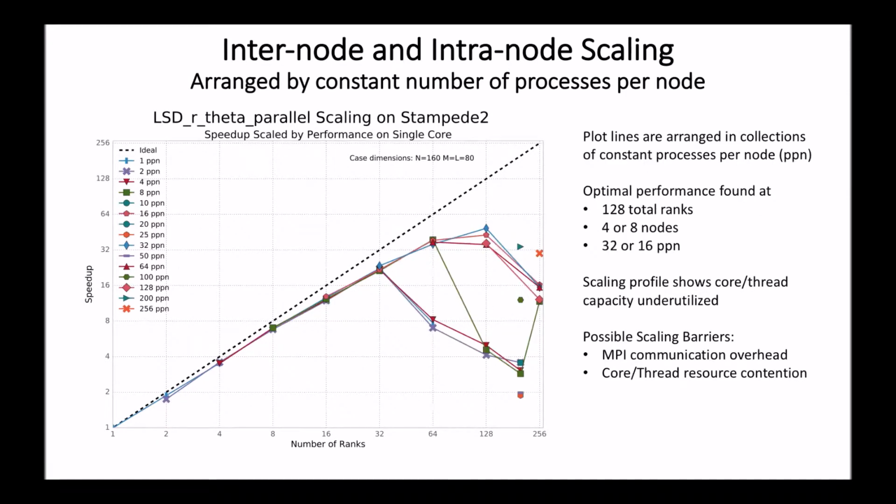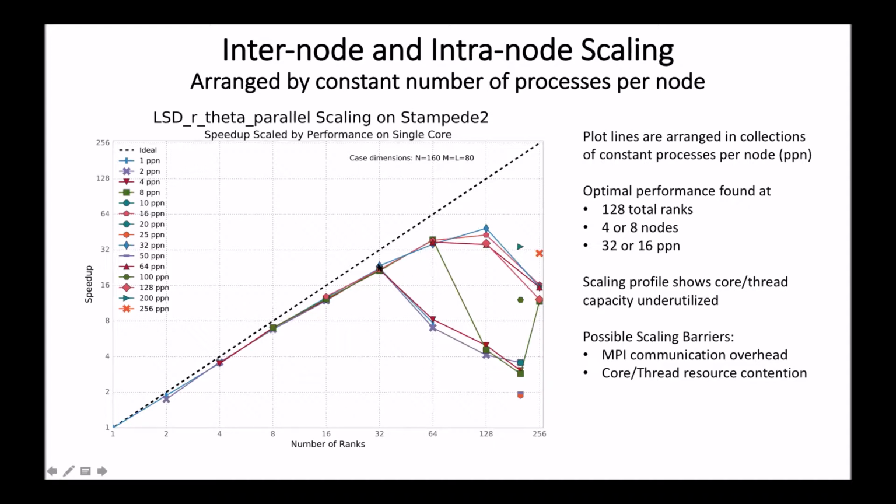The same plot, if we arrange it in collections of constant processes per node, so rather than a curve being all single node or all 2 nodes, we have the number of processes per node. For example, this blue diamond, all these plots were done with 32 processes per node.